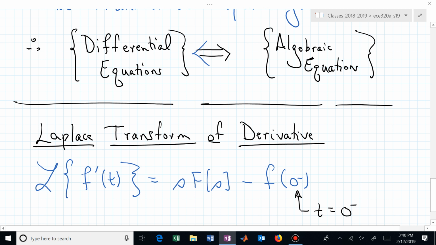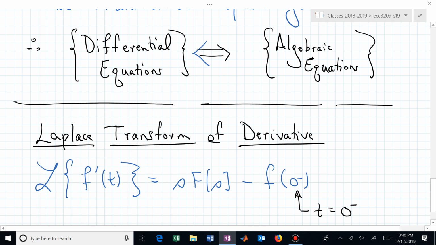That is the argument on that little f, or lowercase f, is evaluated at time equals 0 minus. In this expression, then, we have a frequency domain term, and we're subtracting a number. And that number is the initial condition on the waveform f. Where did it start? We're subtracting that off.